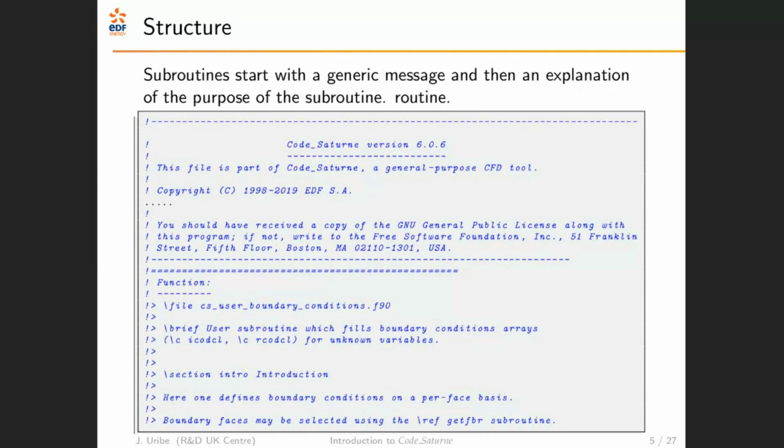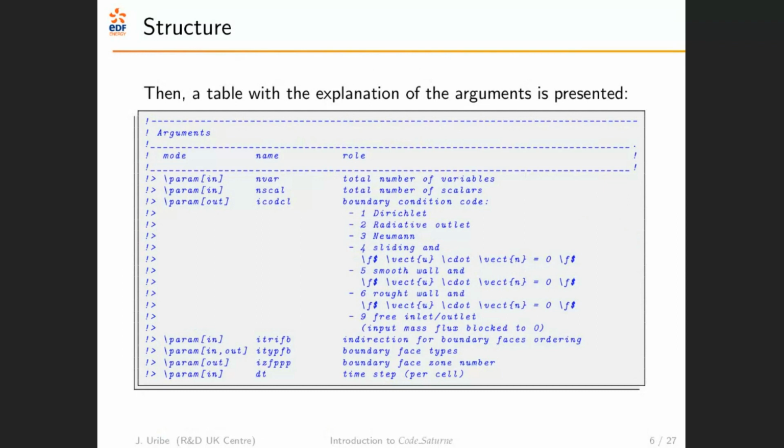You can see an example on the website, but also if you install Code Saturn on your machine and you have Doxygen, you can recreate your own Doxygen documentation. And I'll show it to you later on the actual website.